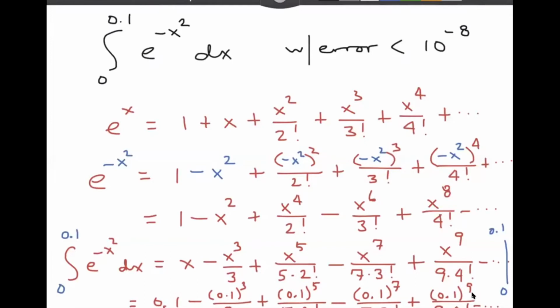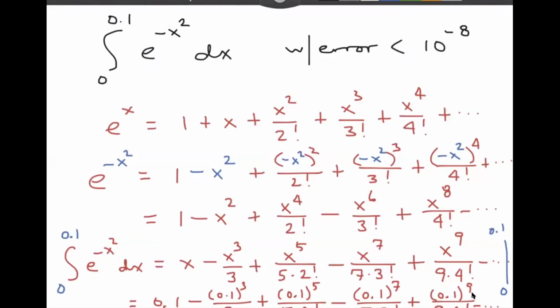Okay. So now think back a couple of sections to when we talked about alternating series. If you want to estimate the value of an alternating series with error less than, say, 10 to the negative 8, you just have to find the first term whose absolute value is less than 10 to the negative 8.